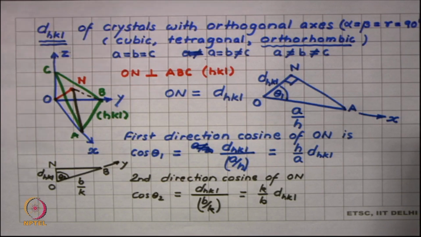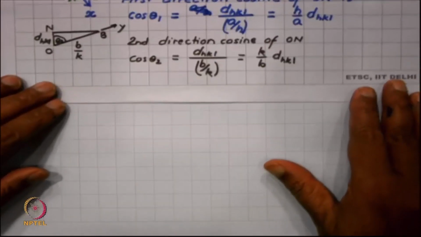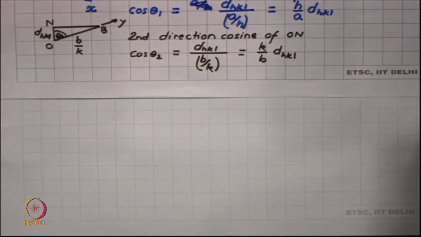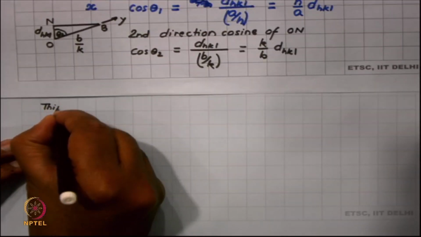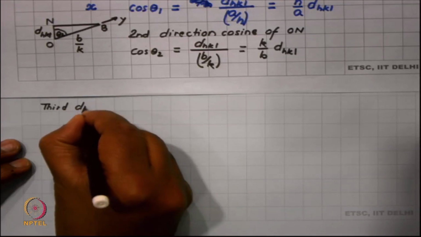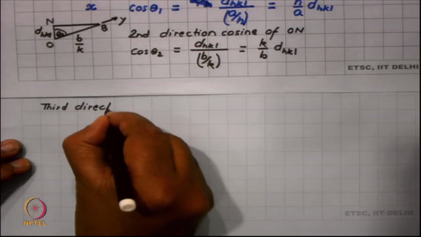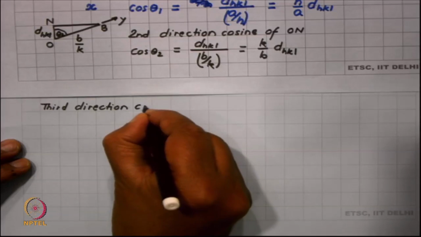Now, we have seen the pattern. So, I can write the third direction cosine simply by looking at the pattern.